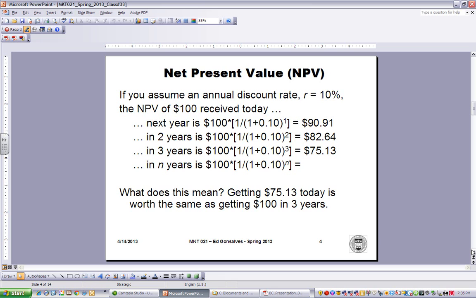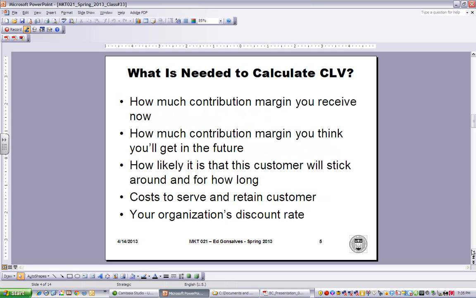And again, if you have that dollar today, you can hopefully earn a rate of return on that dollar over that period of time. So that means a dollar today would be worth $1.30-ish 3 years out. So that's the whole concept of net present value of money. You've got to factor that into the relationship you have in determining and valuing what a customer is worth. So a customer today should be worth more than a customer 3 years down the road, right? Same kind of element.